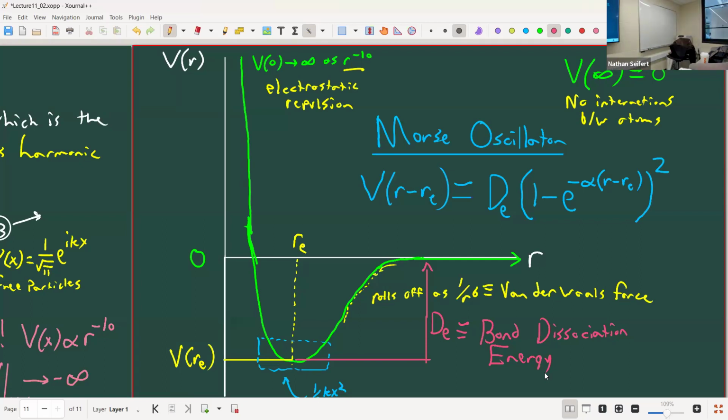This is one of the ways that we learn about bond strengths, many of which are measured thermodynamically, through this process: by modeling how a bond goes from harmonic to anharmonic, and the rate at which it does that is dependent on its dissociation. So we can already learn some important chemistry facts from this.